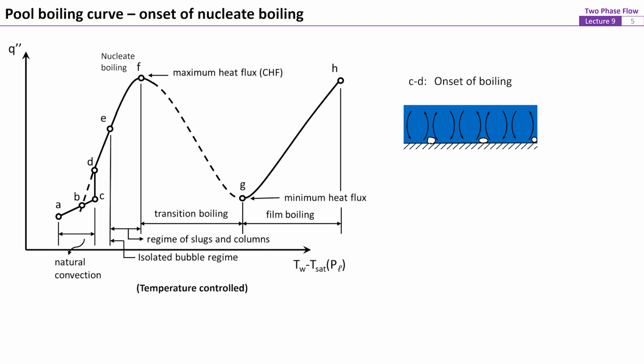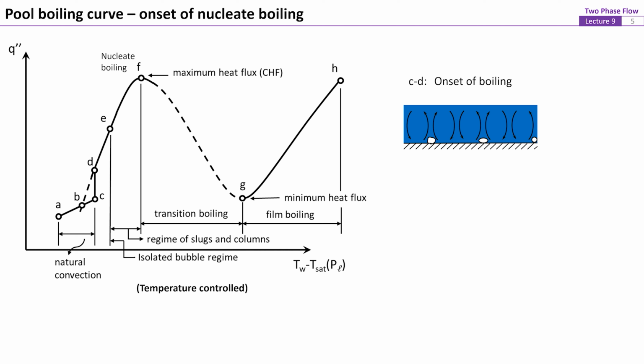As we discussed in previous lectures, the onset of nucleate boiling would start at the point that a sufficient superheat of the fluid near the hot surface is reached. This occurs at point C on the curve. Since the temperature of the solid surface is controlled, a sudden increase of the heat flux is expected as a result of the newly added heat transfer mechanism due to liquid-vapor phase change.